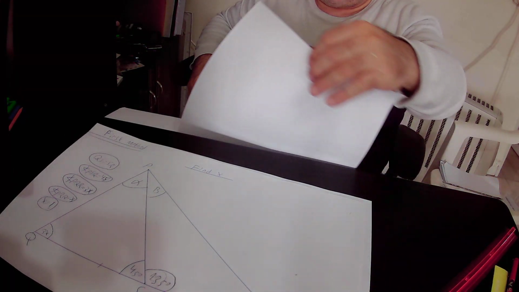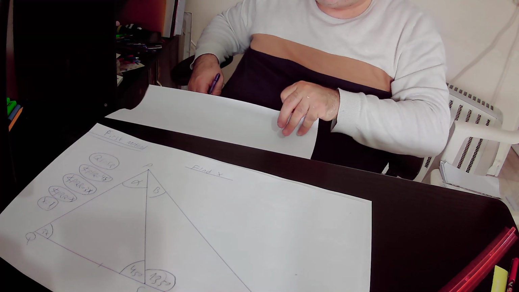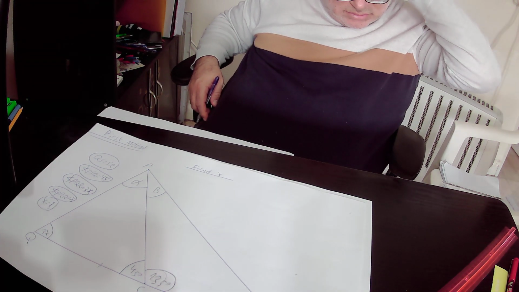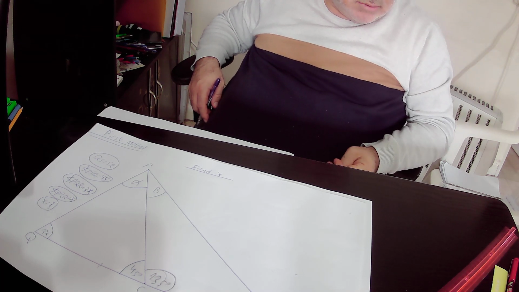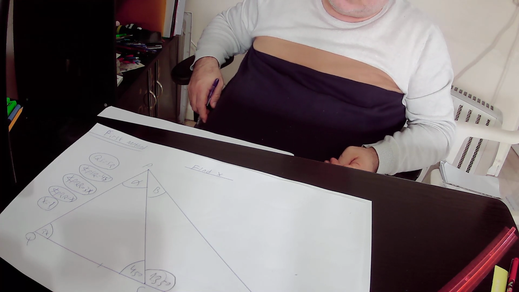So actually, according to the explanation of the equation that A over B equals sine A over sine B, that is to say, the ratio between the side lengths of the triangle is equal to the ratio between the opposite angles.